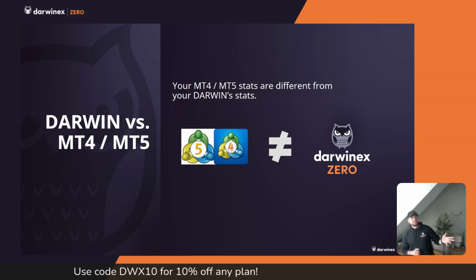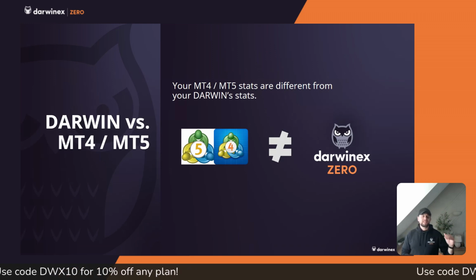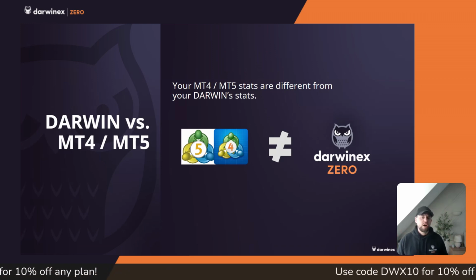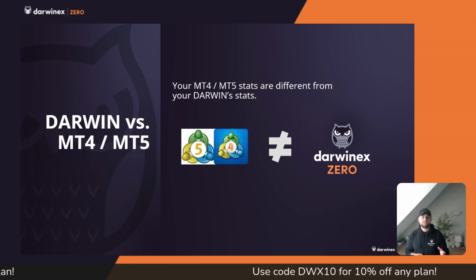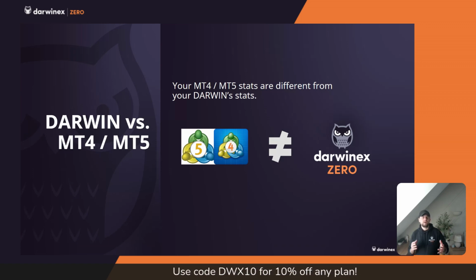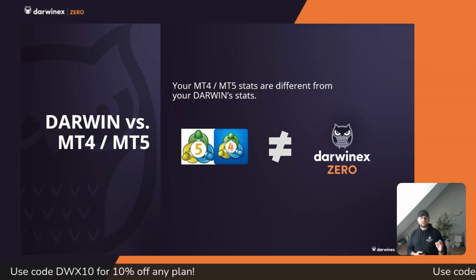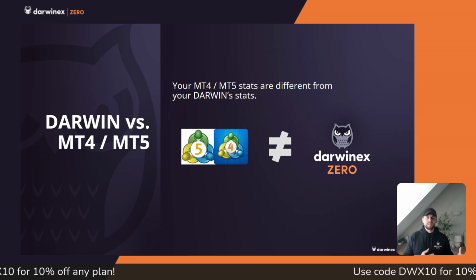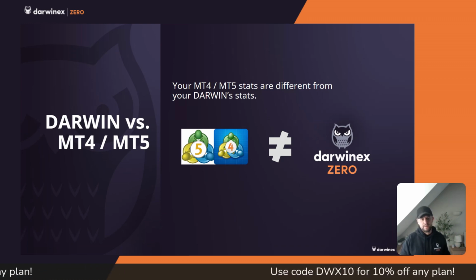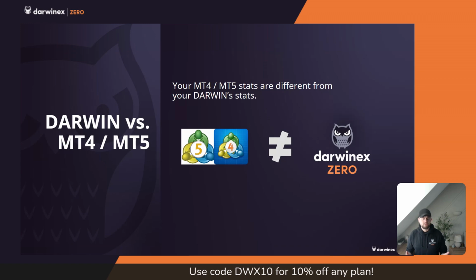Now, as I already mentioned, your MetaTrader statistics will sometimes be different to your Darwin return. So when you're on your Darwinex Zero dashboard, you might see a return of 5, 10, 50%, whatever it may be. That isn't always going to align with your statistics or your return that you see on your MetaTrader account, for the simple reason that your Darwin is risk adjusted.